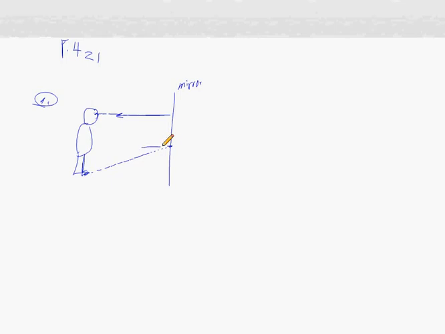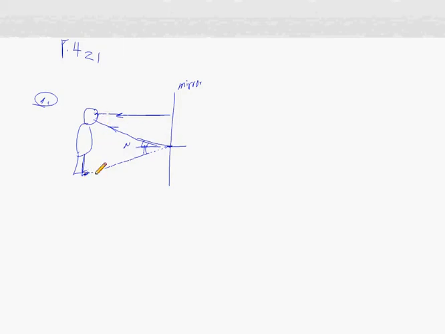We use the law of reflection: we draw the normal, and the angle of incidence is equal to the angle of reflection. These two angles are equal to each other, and this reflected ray comes right back to your eye. And so notice that this is how you see your feet.